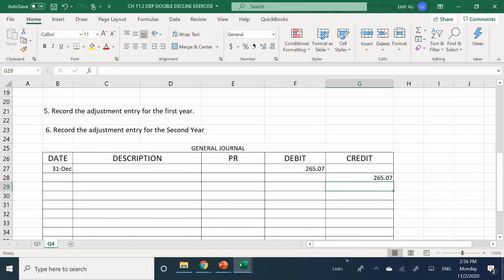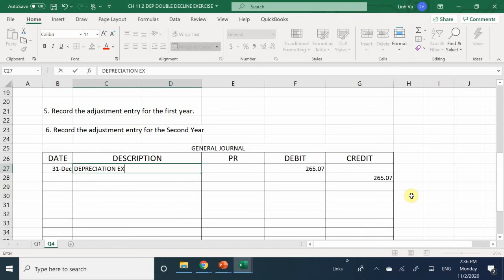Okay, and what's my journal going to look like? Depreciation expense. And then accumulated depreciation. Good.